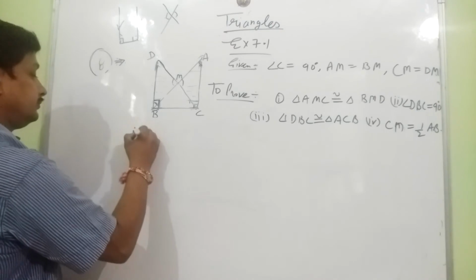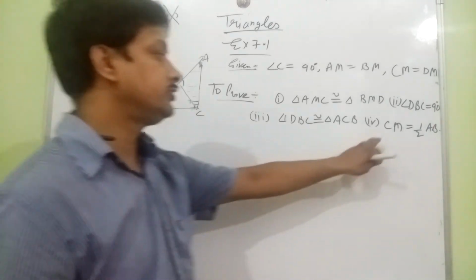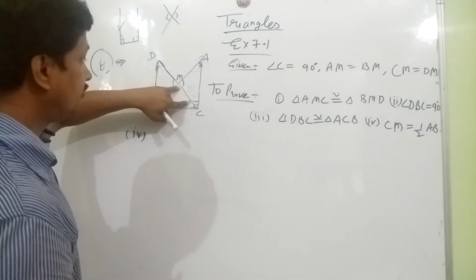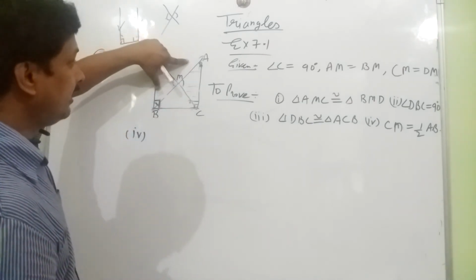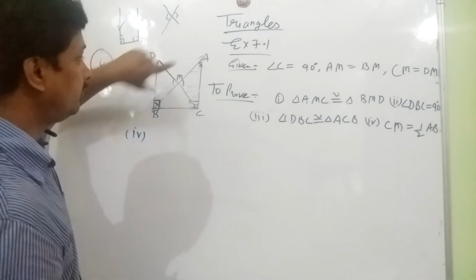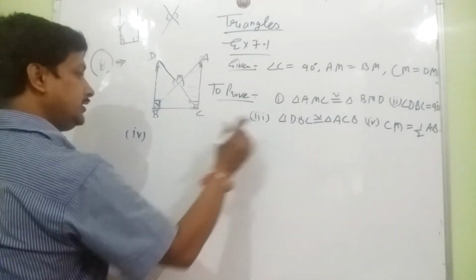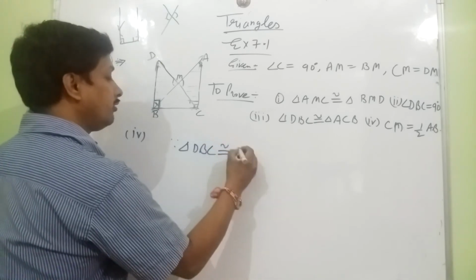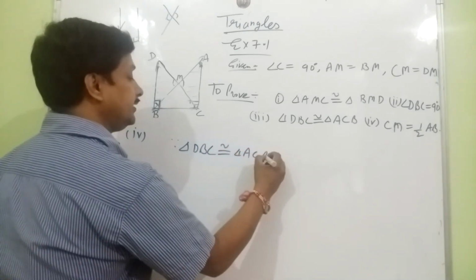Okay, now fourth part. In fourth part, we have to prove CM equal to half of AB. So where is CM? CM equal to half of AB. We have to prove CM equal to half of AB. You just proved these triangles to be congruent, triangle DBC congruent to triangle ACB.